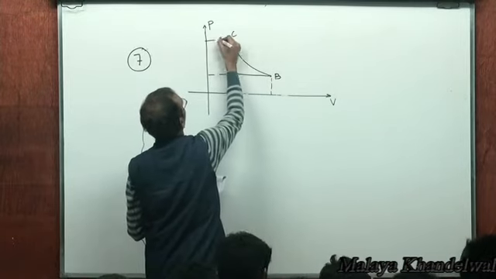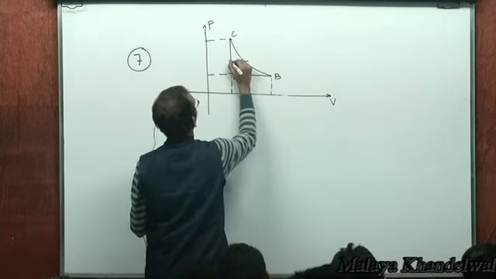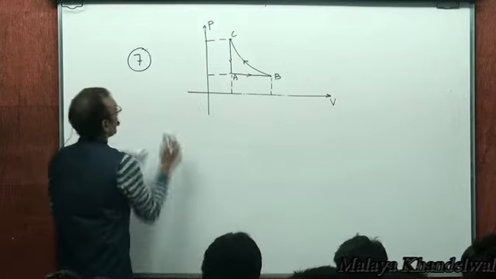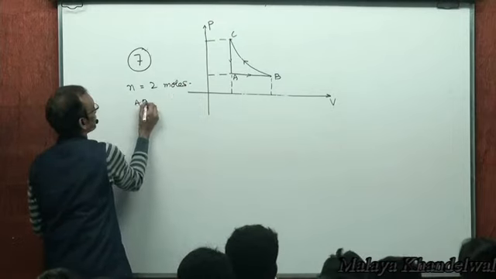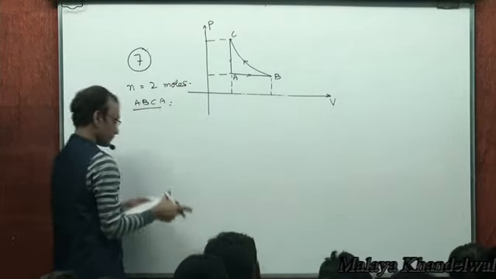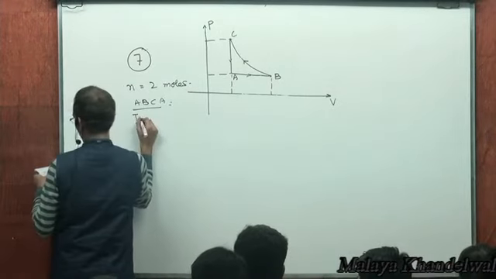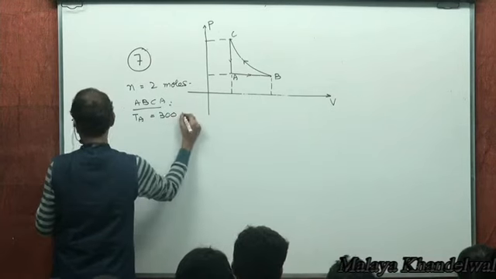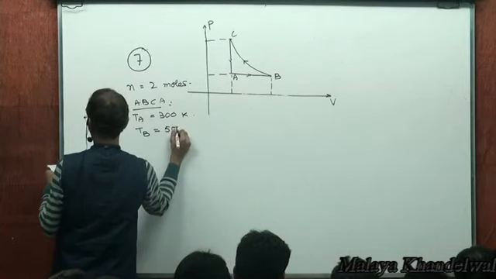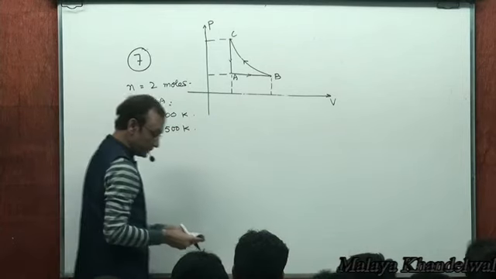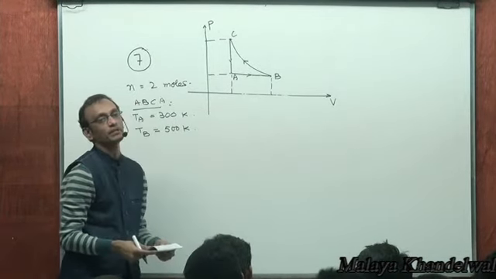Okay. That's a cycle, right? And we have 2 moles of an ideal gas undergoing this cycle ABCA. The temperatures of the gas at A and B, TA, is given to be 300 Kelvin and TB is given to be 500 Kelvin. Right? A total of 1200 joules is withdrawn from the sample in the process.